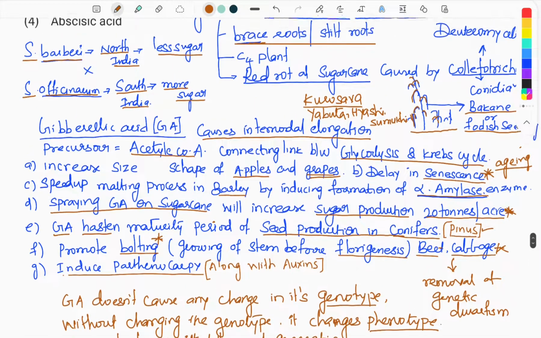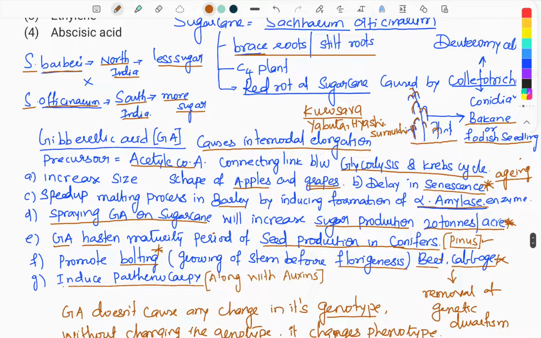So remember, the main function of gibberellic acid is increasing the shoot, that is elongation of the stem, improving the shape of apple as well as the grapes, and delaying senescence, and speeding up the germination process in barley, that is malting, by inducing formation of alpha amylase, and increasing sugar production per acre like 20 tons.